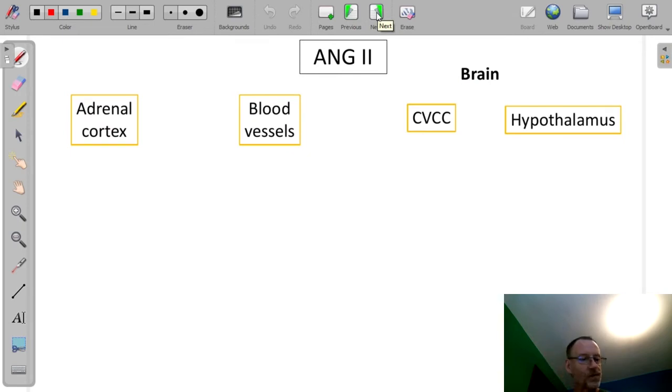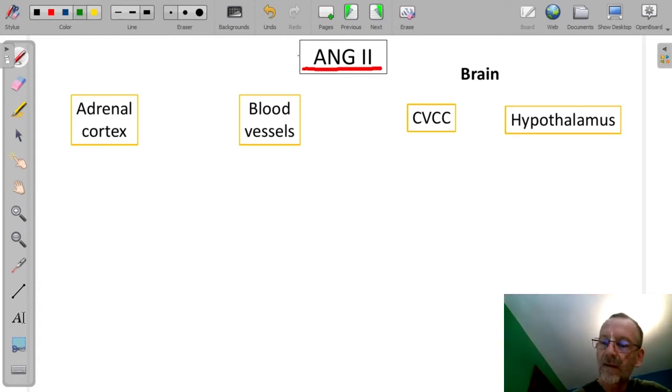So, here is angiotensin 2 that we just made in the previous slide. And here are a group of targets for angiotensin 2. Remember that this whole story is to raise blood pressure. So let's start with angiotensin 2 targeting the adrenal cortex.